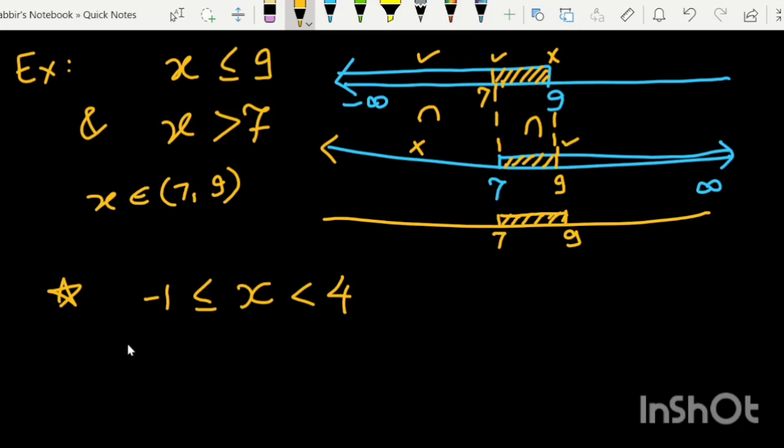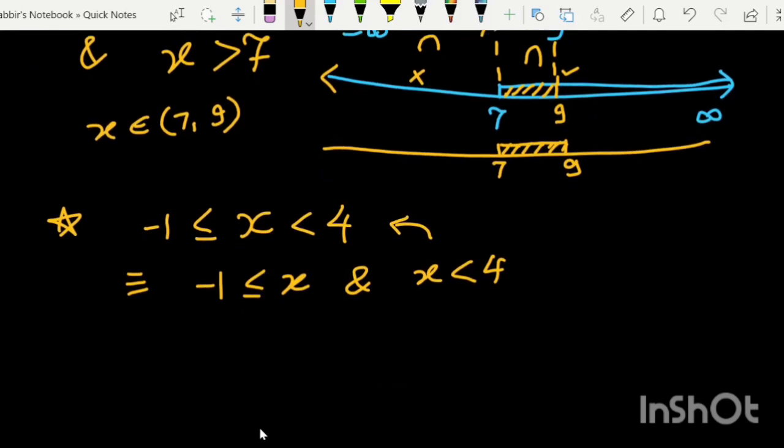The meaning of this, as far as and is concerned, is the intersection of two inequalities, x greater than equal to minus 1 and x less than 4. So if you take these two inequalities with and, you will always get this. You yourself can try and get this.